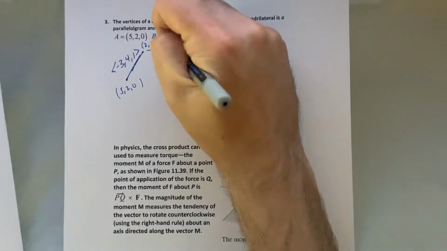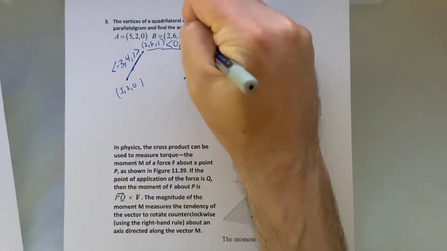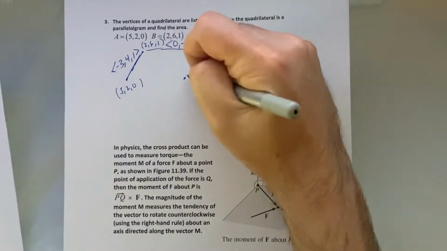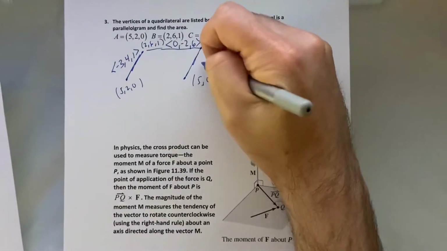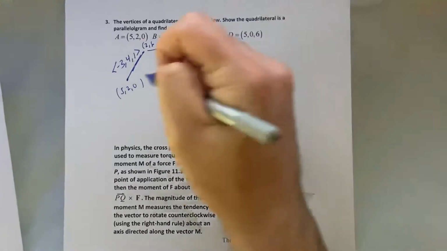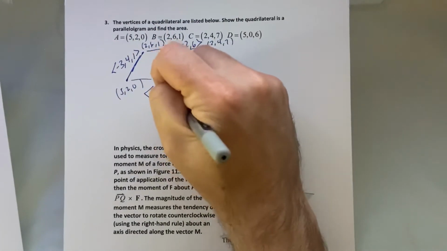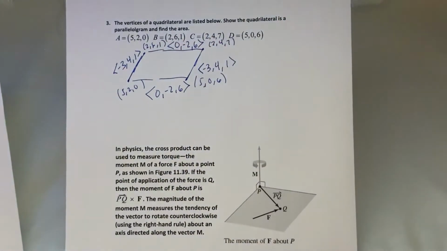Distance between these two, 0, -2, 6. These two is still -3, 4, 1. That's a good sign. And still 0, -2, 6. So it is indeed a parallelogram.